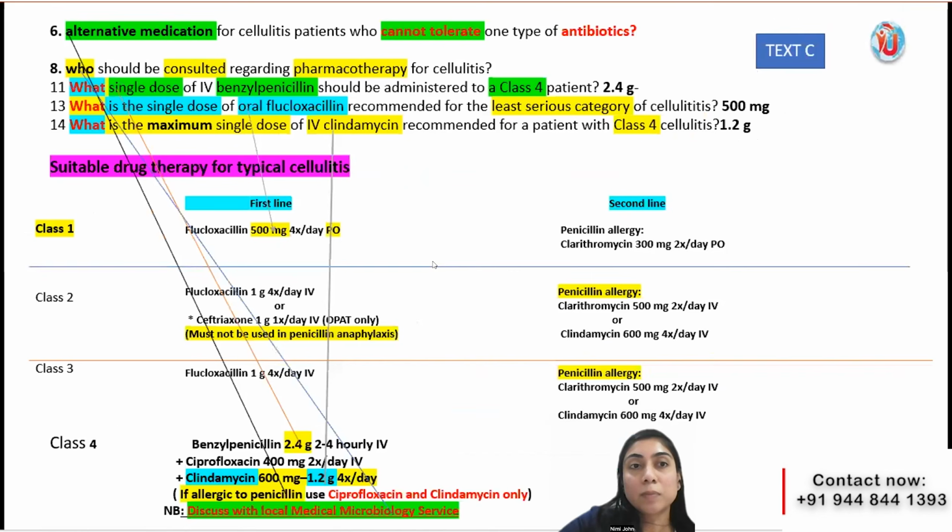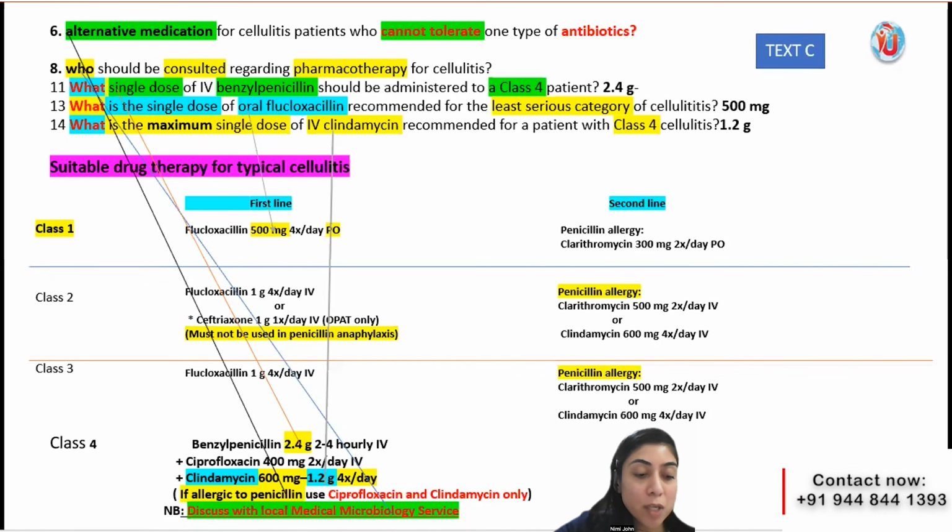Okay, ma'am. Then text C. Text C has two subheadings: treatment for typical and atypical. Then the sixth question. Anybody have doubt about the sixth one?